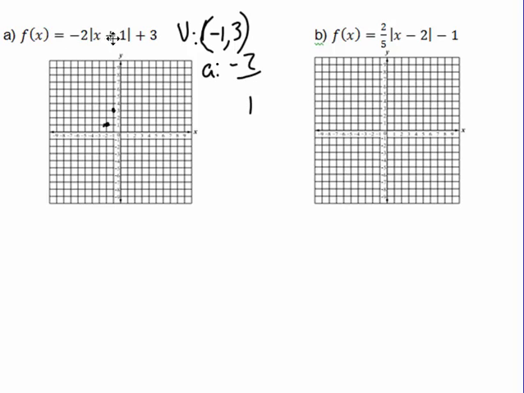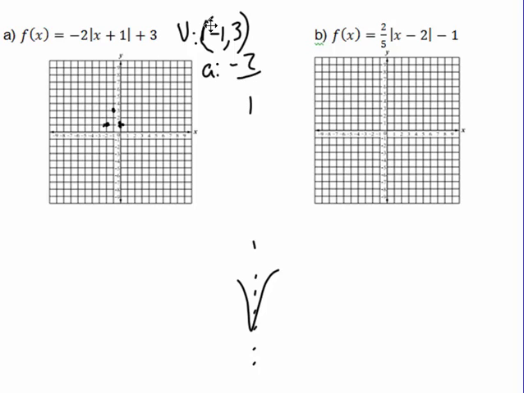And again, these absolute value functions make a V, right? A V shape. Well, the beauty of the V shape is the fact that I have this axis of symmetry. So all the points that I graph to the right are definitely going to happen on the left, or vice versa. If I graph a point on the left, it has to be this mirror point on the right. So my mirror point for this guy is right here. It's at 0, 1.